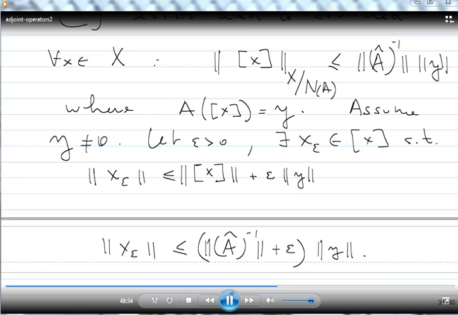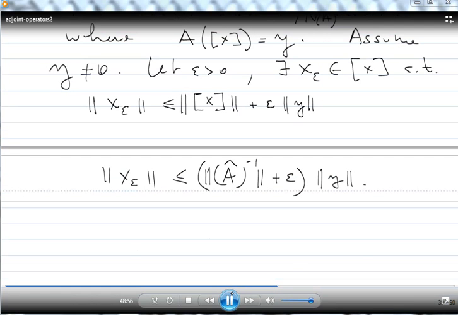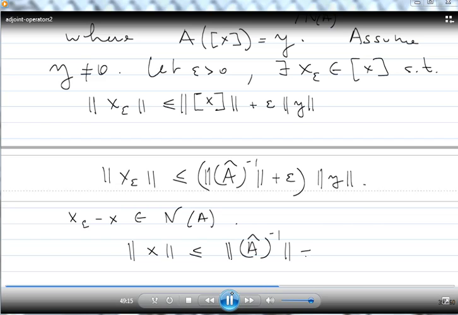But now we know that X epsilon minus X belongs to N of A. So the norm of X is less than the norm of A hat inverse plus epsilon times norm of Y plus the norm of X minus X epsilon.